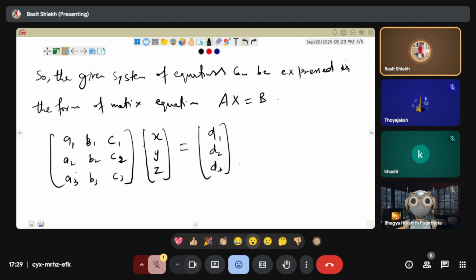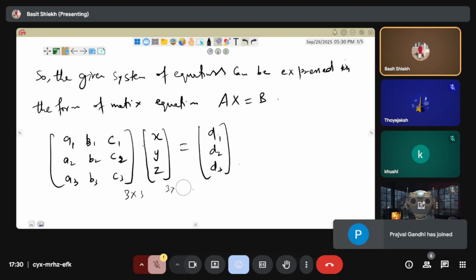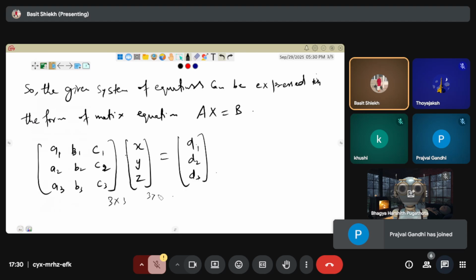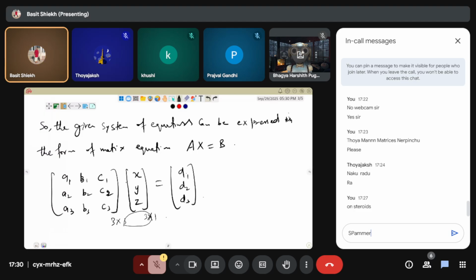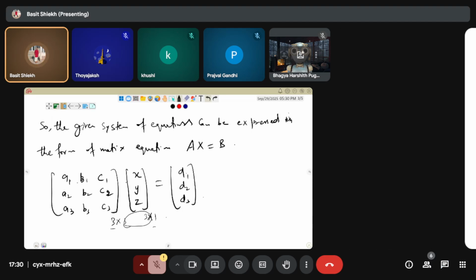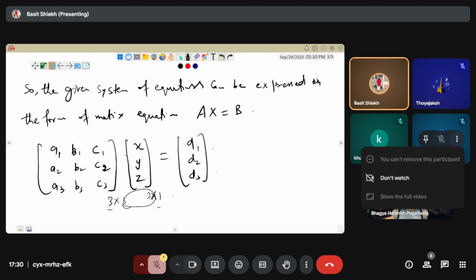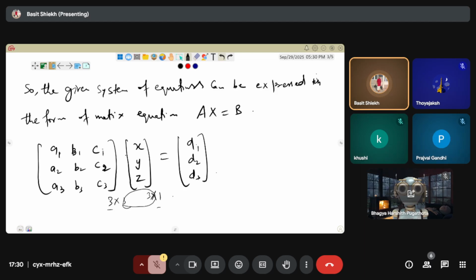If you equate, this will become a matrix having 3 rows and 1 column. This is a matrix of 3 cross 3 and this is a matrix of 3 cross 1, so the 3 and 3 get cancelled and their product is 3 cross 1. We know two matrices are equal if their corresponding elements are equal.